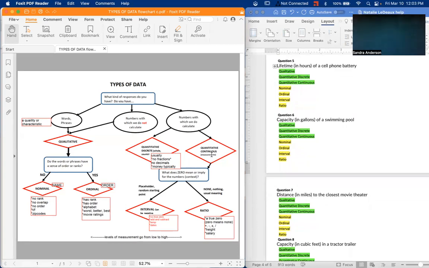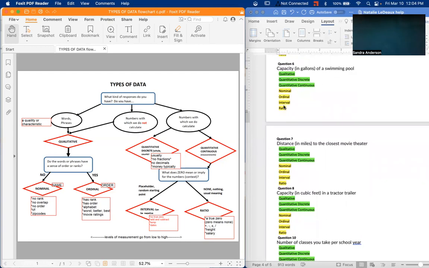It could be 8.5432 hours. So it's quantitative continuous. And could you have 0 hours in the lifetime of a cell battery? If your cell battery is totally dead, yes, you could have 0. So there is a true 0 with that. So that is quantitative, continuous, and then ratio.